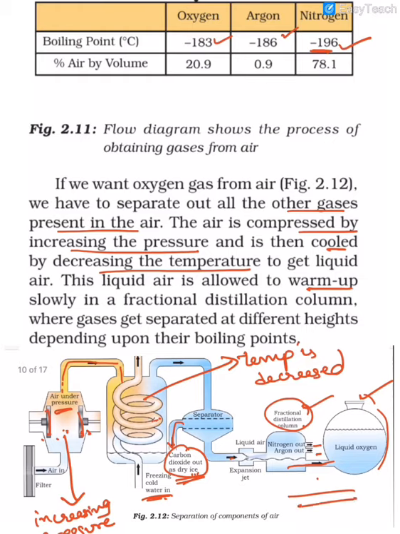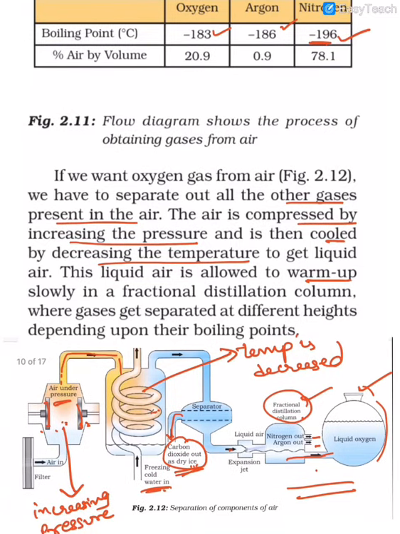using this simple setup. So first you are increasing the pressure, and decreasing the temperature when you pass it through freezing cold water. When it passes, carbon dioxide converts into dry ice. Then the liquid air passes through the separator and is made to heat. In this fractional distillation column, the gases separate out according to their boiling points.